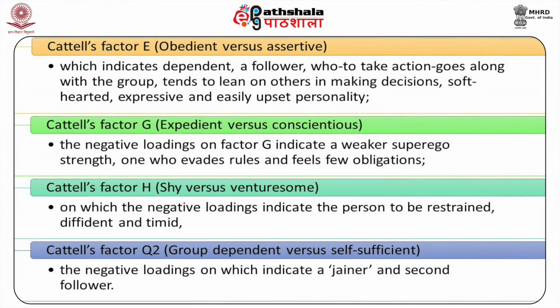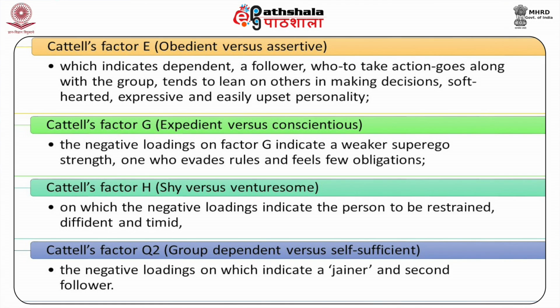The above factor has negative loadings on all the 4 personality variables of Cattell's 16PF test. They are namely Cattell's factor E, that is obedient versus assertive, which indicates dependent, a follower who goes along with the group, tends to lean on others in making decisions, soft-hearted, expressive and easily upset personality.